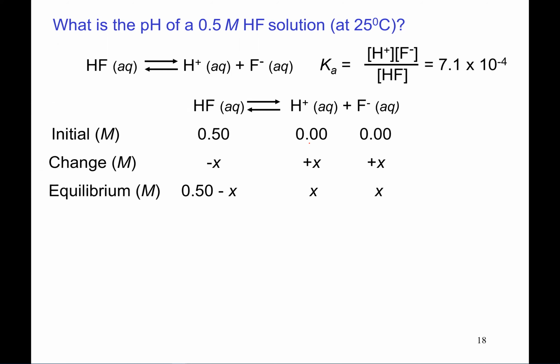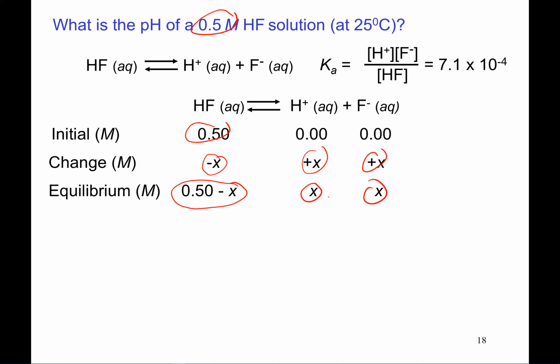You start off with 0.5 here. You lose some because it dissociates, so it changes by minus X, and these both go up by X. So the equilibrium concentrations are 0.5 minus X, X, and X.